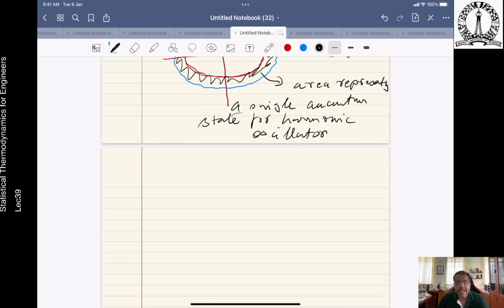So this equation is highly significant, as we already saw.